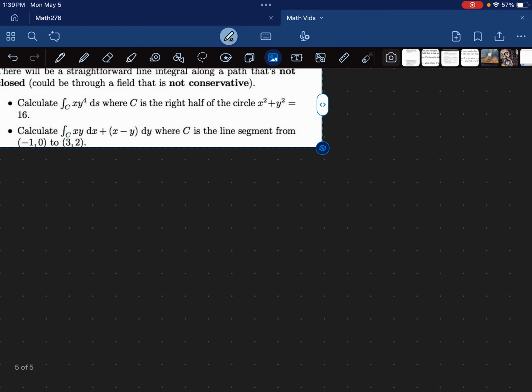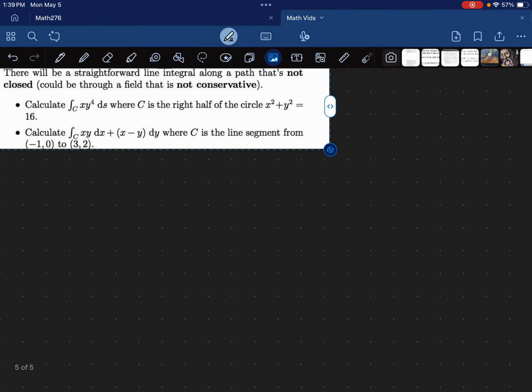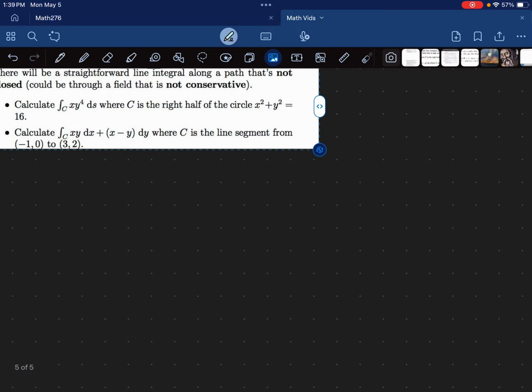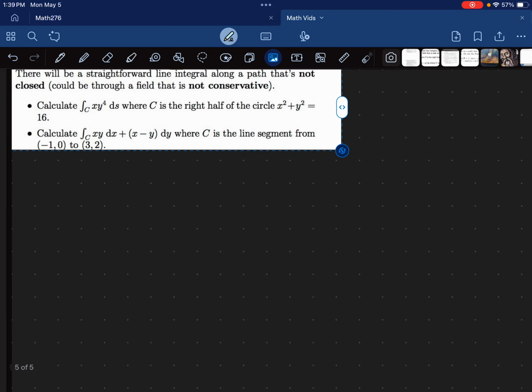Anyways, so part 2 of the problem is, now we're working with a P, Q type line integral. So it's the line integral over C of xy dx plus x minus y dy, where C is from -1, 0 to 3, 2. Okay.